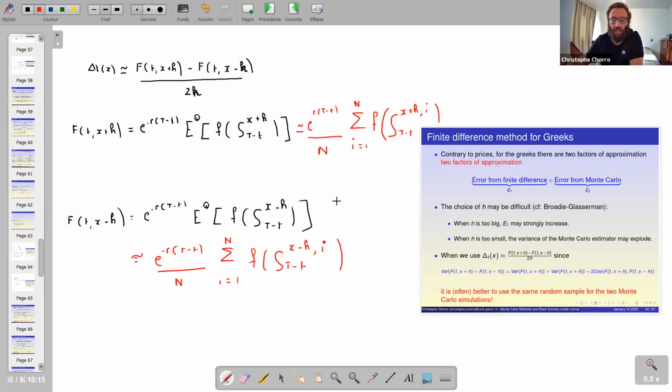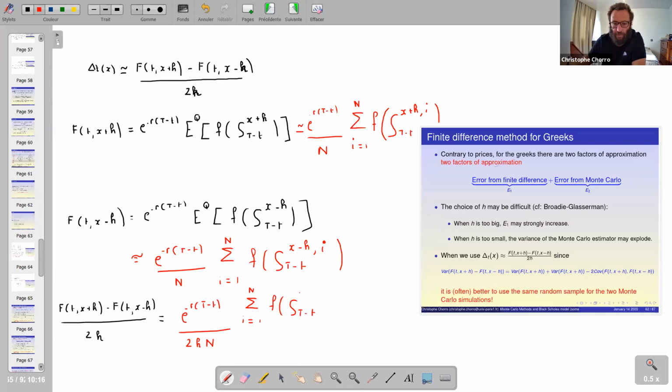So in fact, if I do a difference, I can write it explicitly this way: exponential minus r (capital T minus t) over 2hN, the sum from i equal to 1 to N of f of S_{T-t} at x plus h, i, minus f of S_{T-t} at x minus h, i.